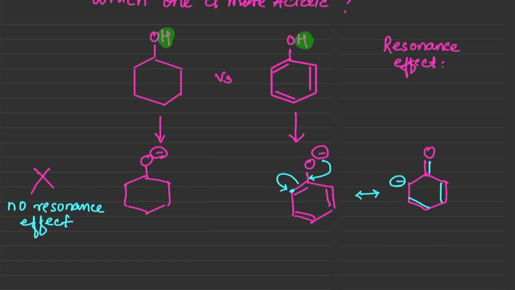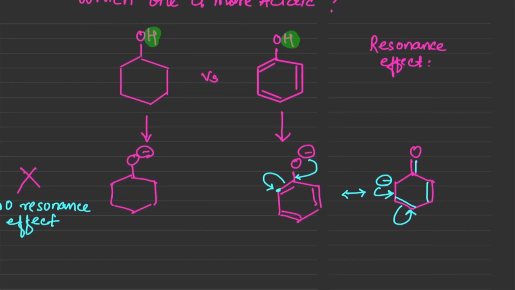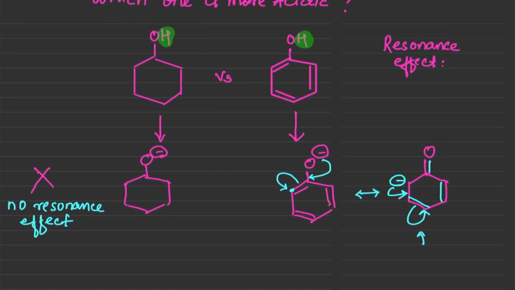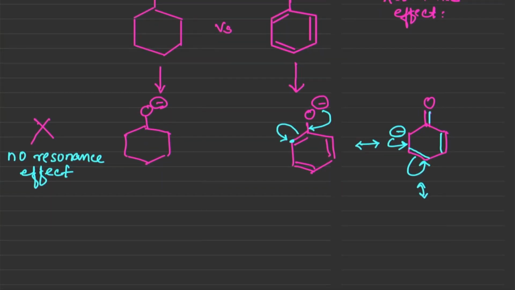So we can draw more contributing structures. You can see the negative charge from oxygen is now dispersed to this carbon atom. We can keep doing this. We can move the negative charge to the next bond and move this pi electron to the next carbon atom.